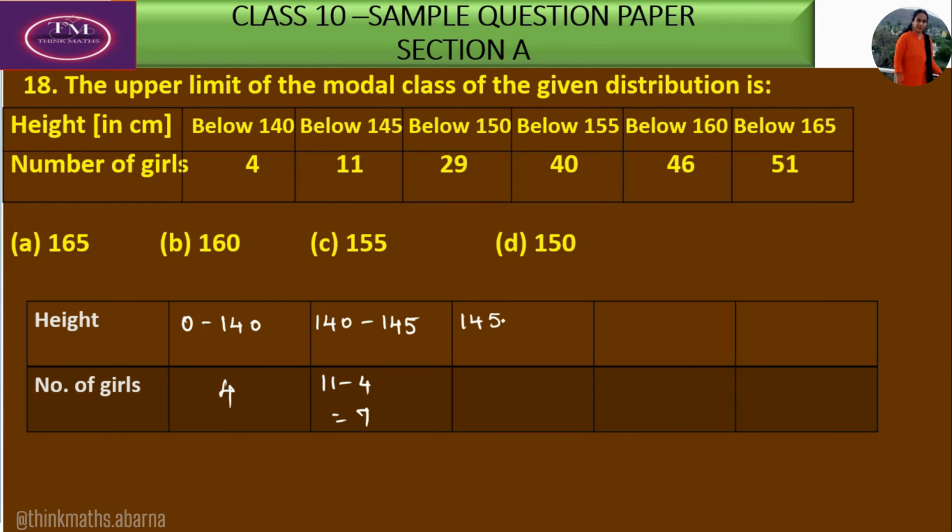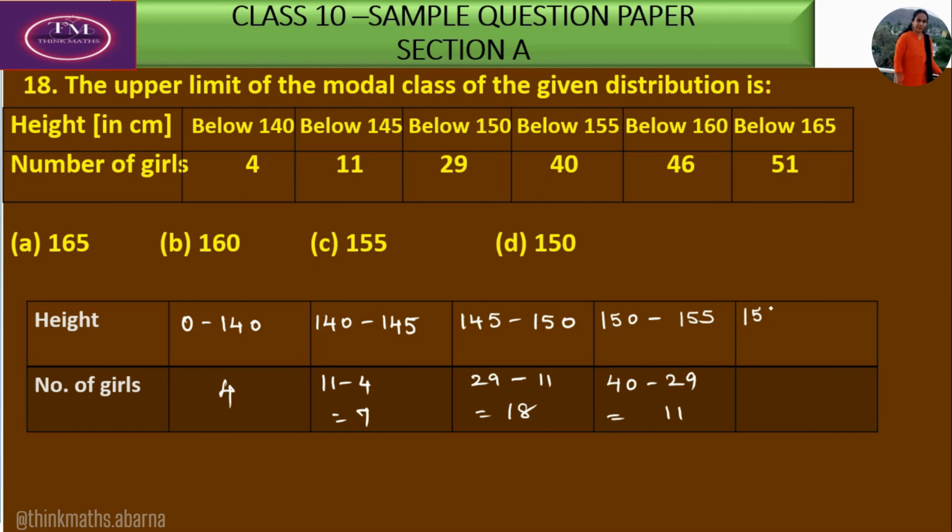Next one, 145 to 150. From 29, we take out 11, so it is 18. Next is 150 to 155. From 40, we take out 29, so it is 11.